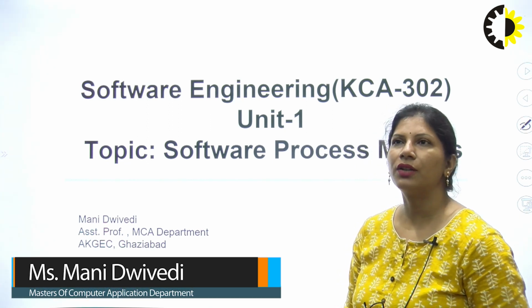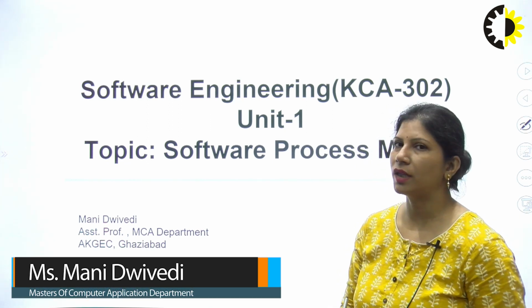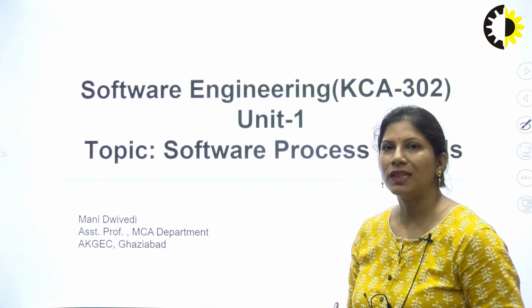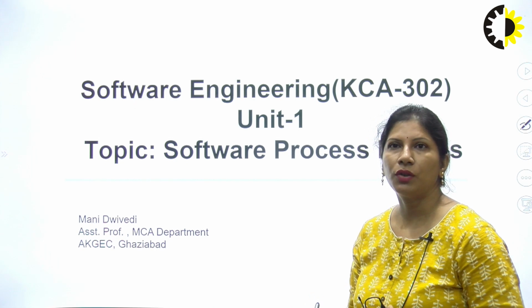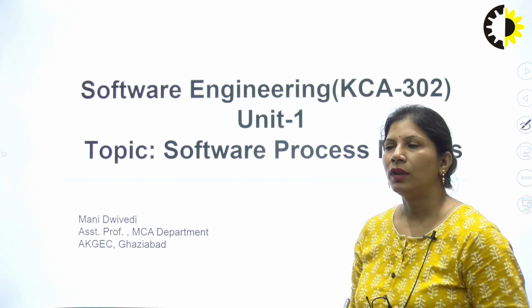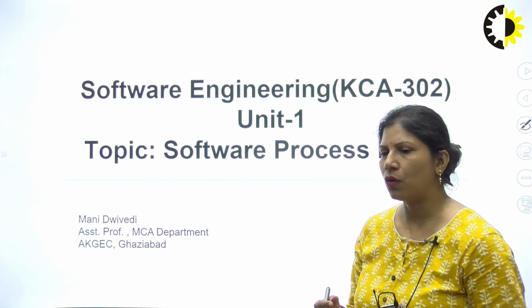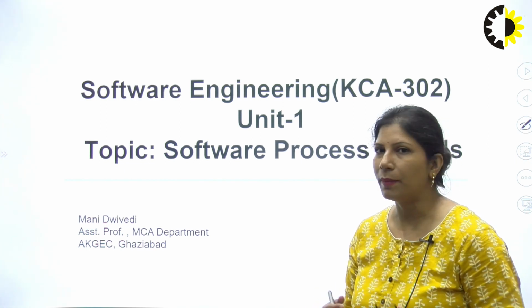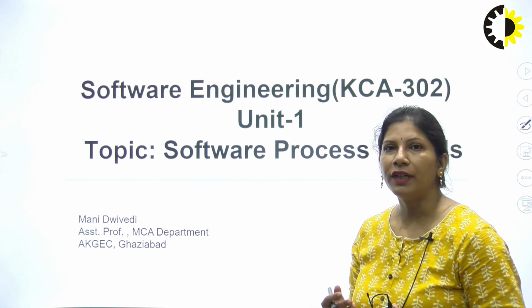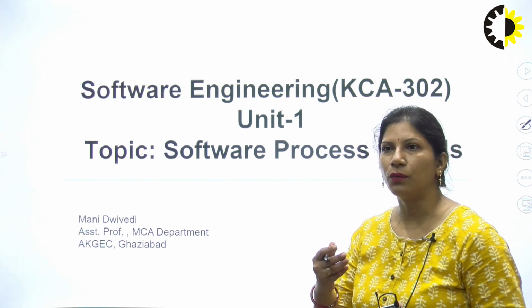In previous lectures we have already discussed what software engineering is and what the requirement of the software engineering subject is, which we are dealing with today. In this series we have also discussed the SDLC, that is the software development life cycle. In a software development life cycle, we have seen there are various stages.